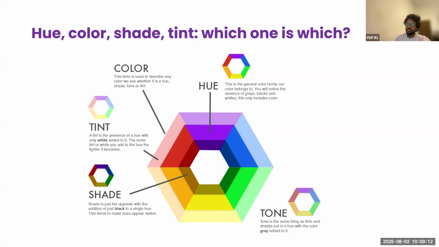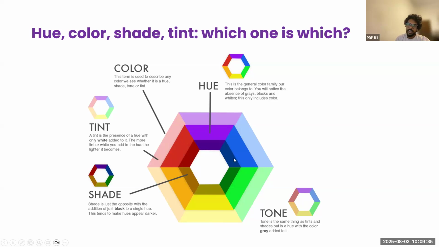And so if we can add gray to hue, we can get tone, right? So understood? If we add black to hue, we can get shade.